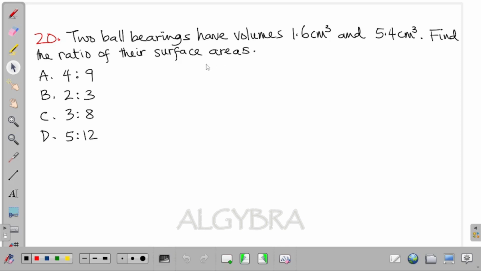The ratio of the first ball over the second ball, because the first ball has a volume of 1.6 and the second has 5.4, so the first one is smaller than the bigger one. Let's go into solving that right now.